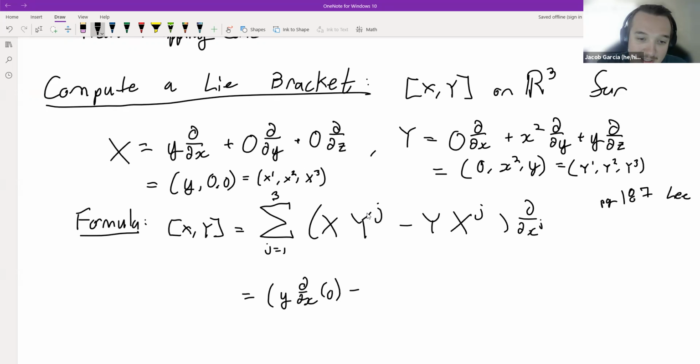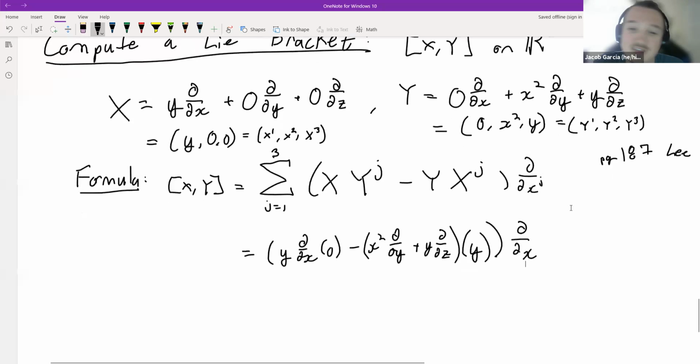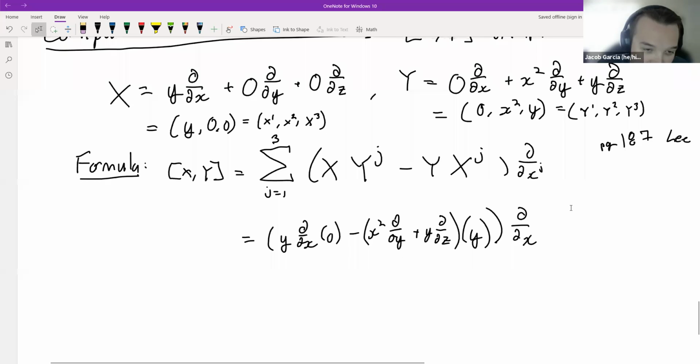And then I have all of y, which is x squared dy plus y dz. Actually, I'm not going to distribute that yet. I'm applying this entire differential operator to the first component of x, which is just y. And then this is all dx, right, for the first component of the basis for the tangent space.